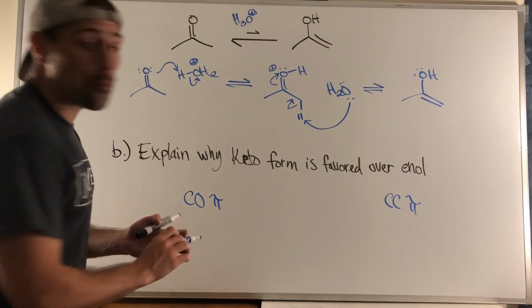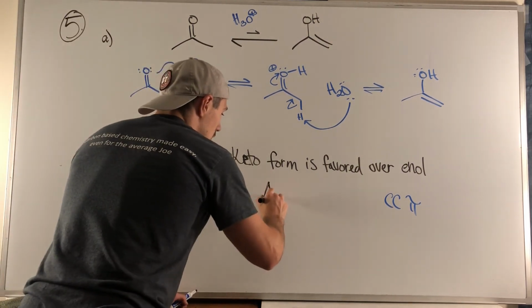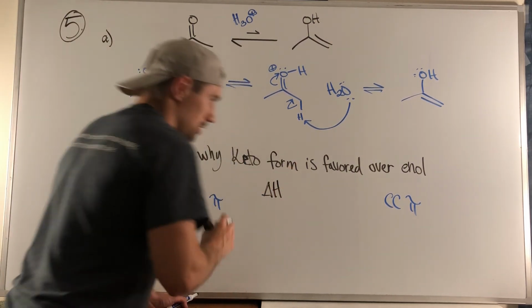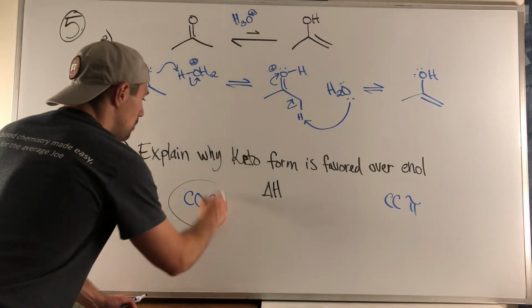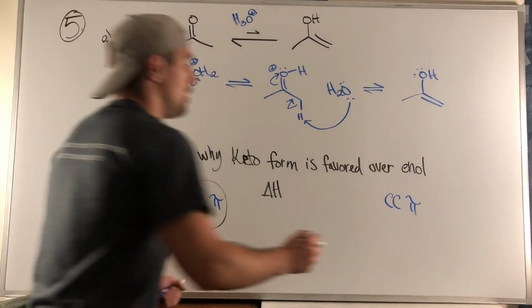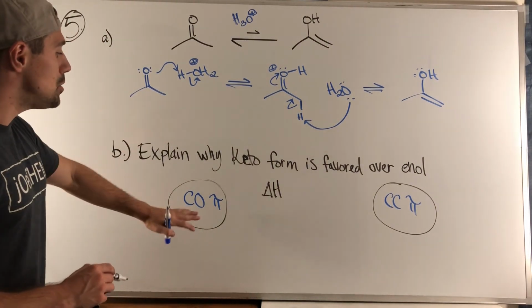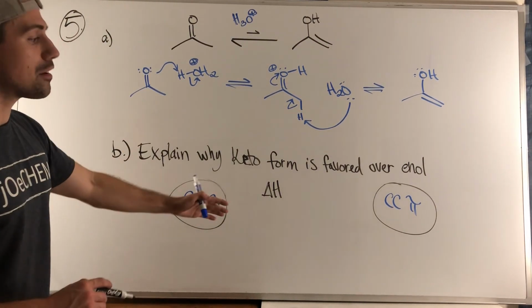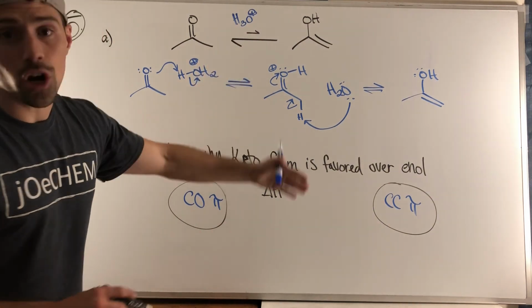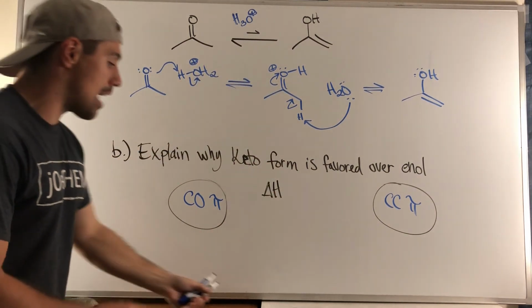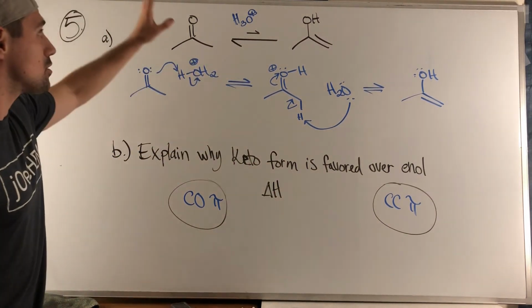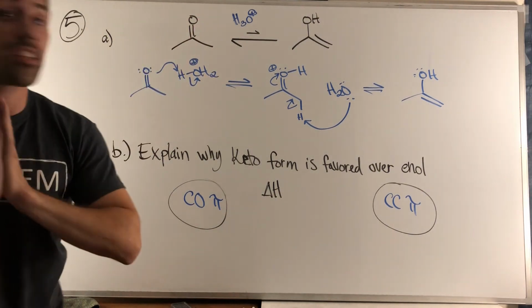Enthalpically, I'm talking delta H, I'm talking about the strength of these bonds. This is a more stable bond. This is a better bond than this. So the keto form is favored because you have this carbon-oxygen double bond that is better than the carbon-carbon pi bond. And that is why the equilibrium heavily favors the keto form. Okay, that does it for 5, gang.